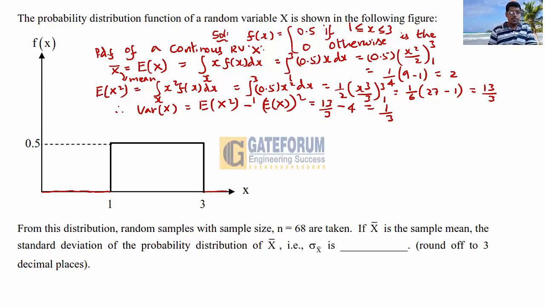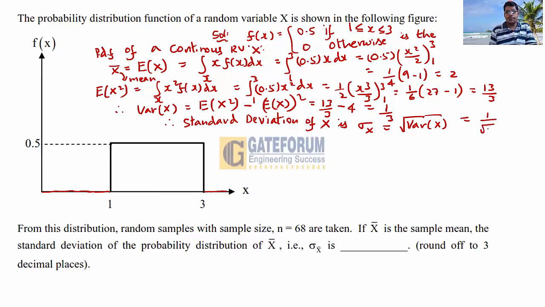Okay. So therefore, the standard deviation of x, sigma suffix capital X, is equal to the square root of the variance of x.